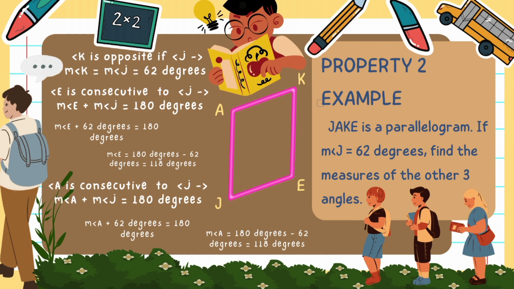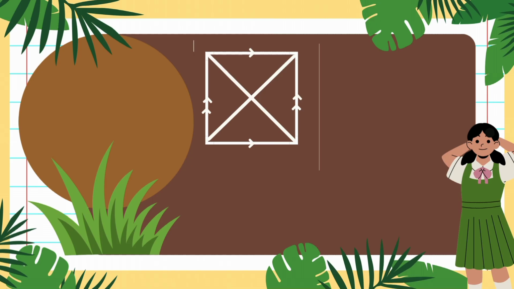Angle A is consecutive to angle J. So, the measure of angle A plus the measure of angle J equals 180 degrees. The measure of angle A plus 62 degrees equals 180 degrees. The measure of angle A equals 180 degrees minus 62 degrees, which equals 118 degrees.